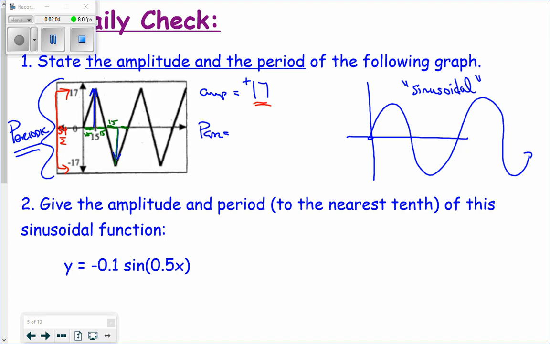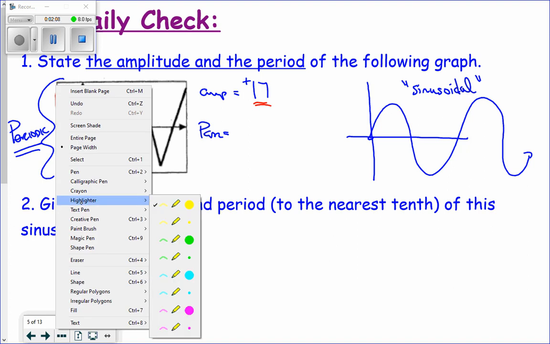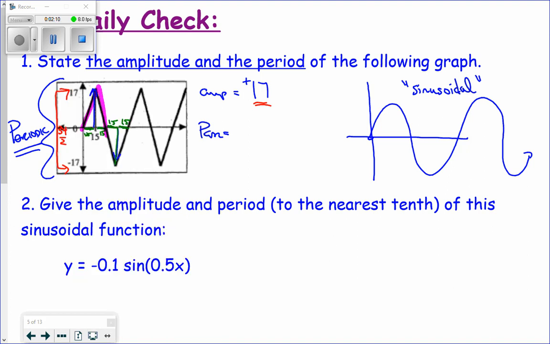One complete pattern is up, down, up. So how much space did that take? 60. So that's the period. Period is the length of space it takes for the pattern to go through. Okay?